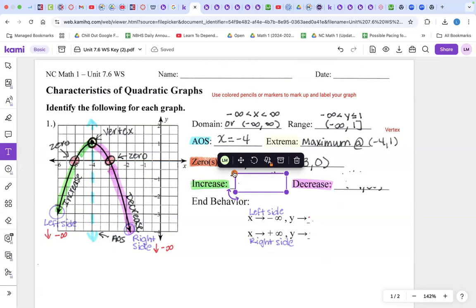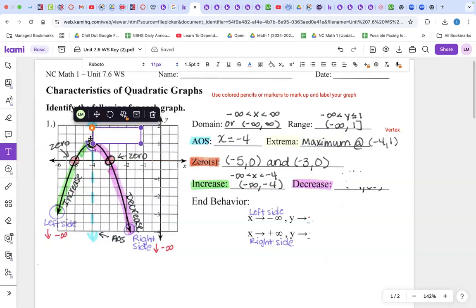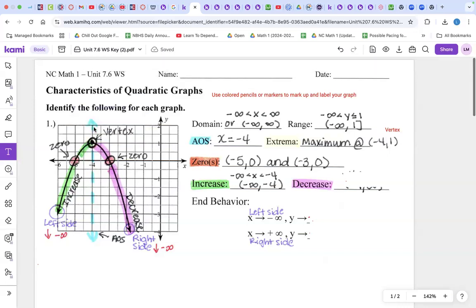Negative infinity to -4. It goes up and stops at -4. Then the waterfall starts, and the waterfall is decreasing from -4 all the way to infinity.